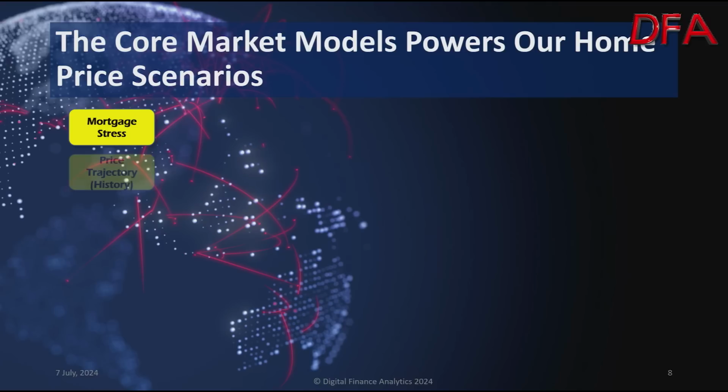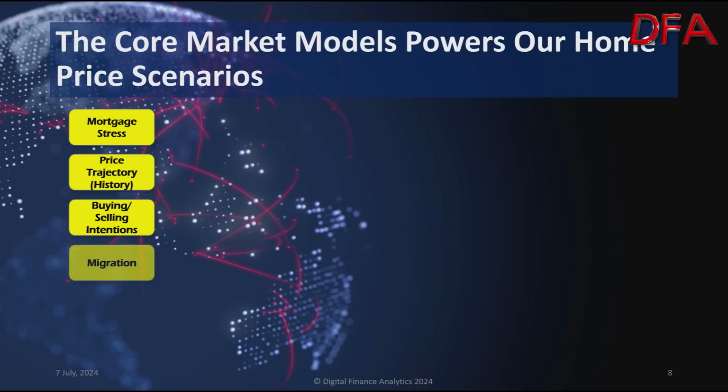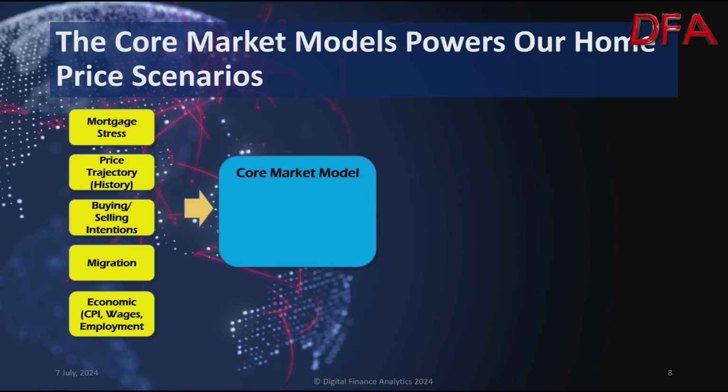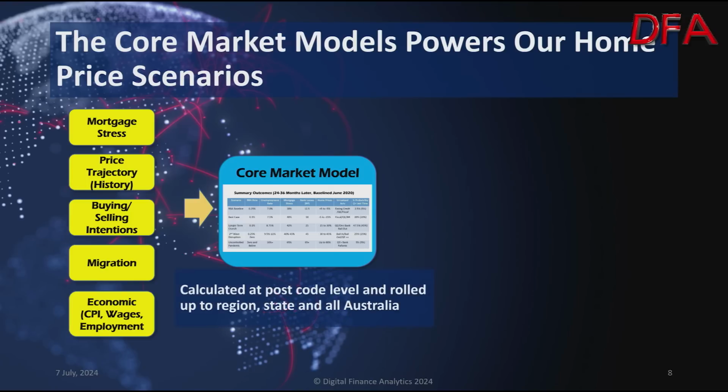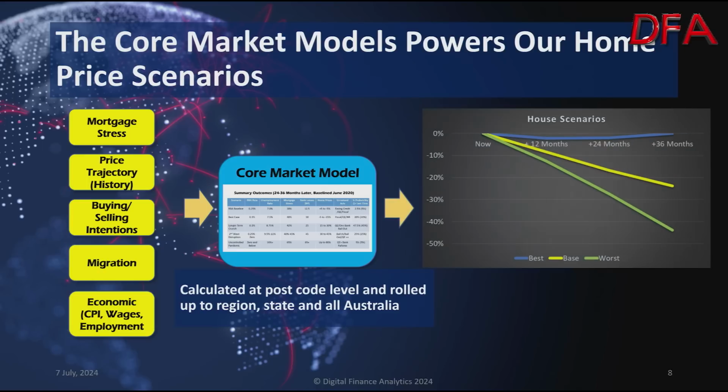And we take the mortgage stress information, the price trajectory data, the buying and selling intentions from the surveys, the migration data, the broader economic, the CPI, wages, employment data. We put it all into the core market model, run it through the various scenarios, and then we can look at it at the postcode level, roll up to a region, state, or Australia level, and also make some suggestions as to where prices may go on a scenario basis.